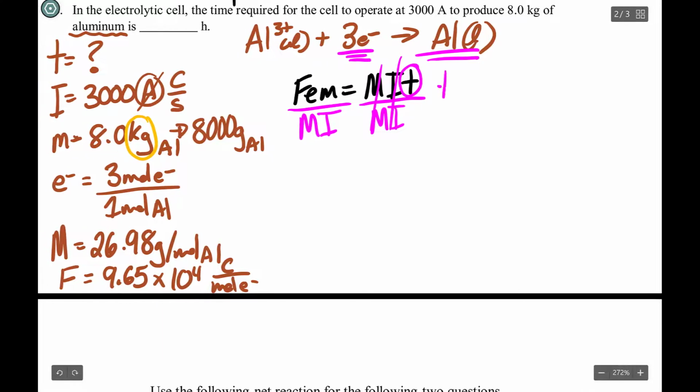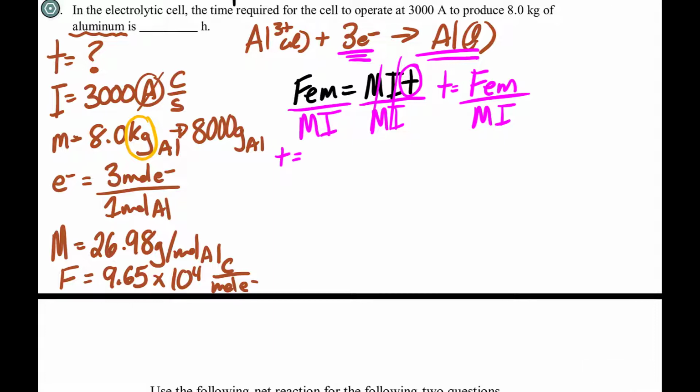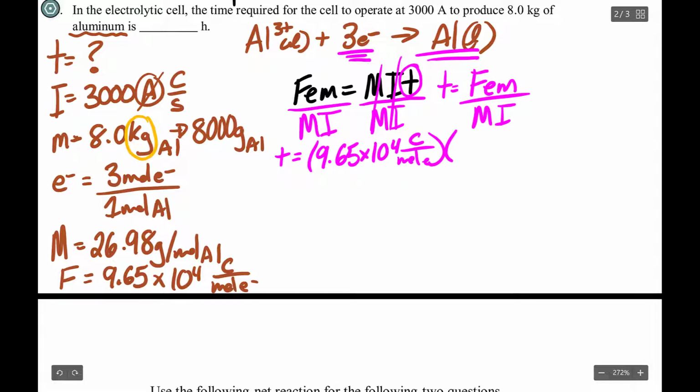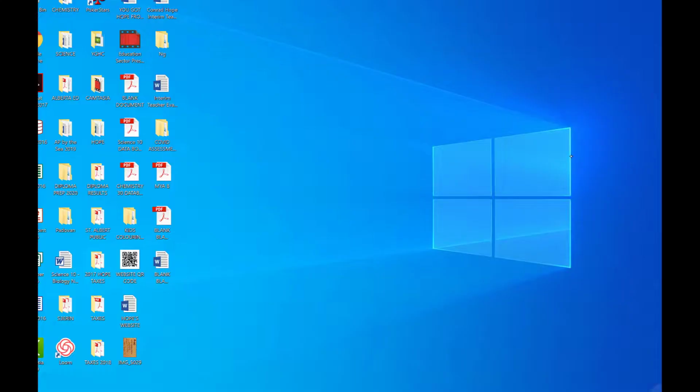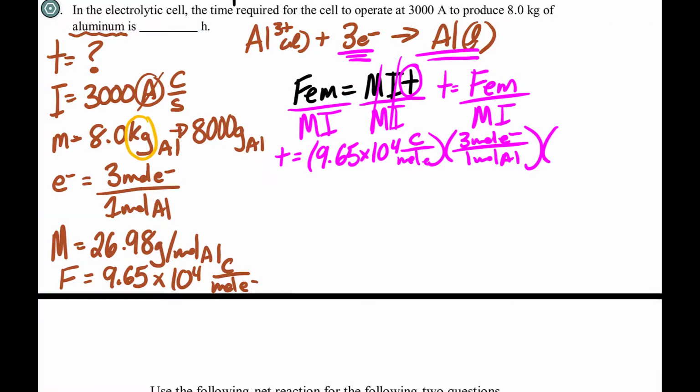I'm going to put that in. So T is equal to Fem all over Mi. I'm going to plug those values in, and I'm almost there in terms of getting an answer. So time is going to be equal to Faraday's constant, 9.65 times 10 to the 4 coulombs per mole of electrons, times my mole ratio, 3 moles of electrons for every 1 mole of aluminum, times the mass of aluminum, which is 8,000 grams of aluminum.